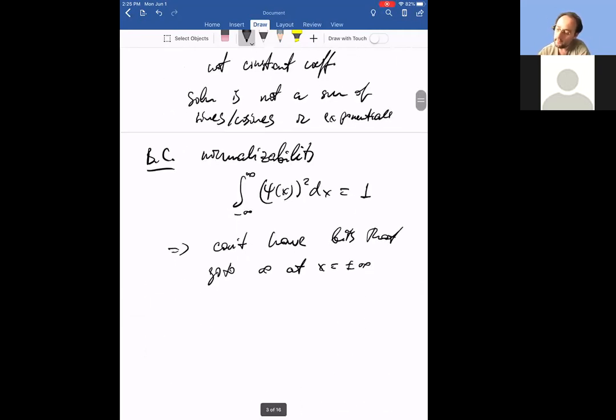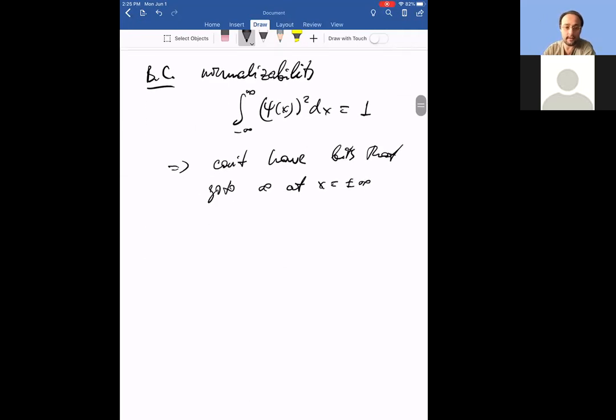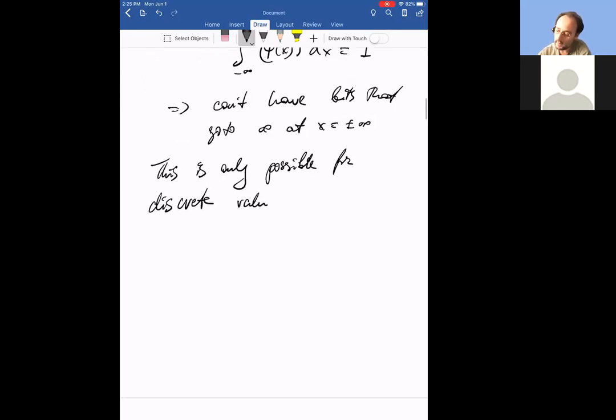Okay, so now I will just state the answer, a long story short. This is only possible for discrete values of E, and these are E sub n. N is a counter: first level, second level, and so on.